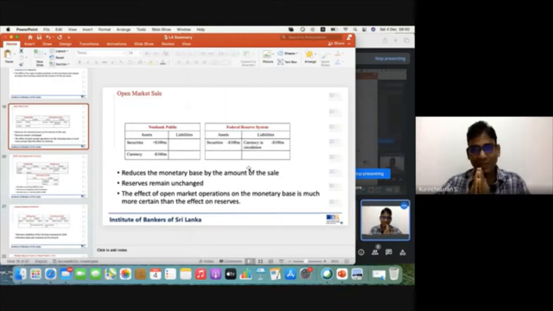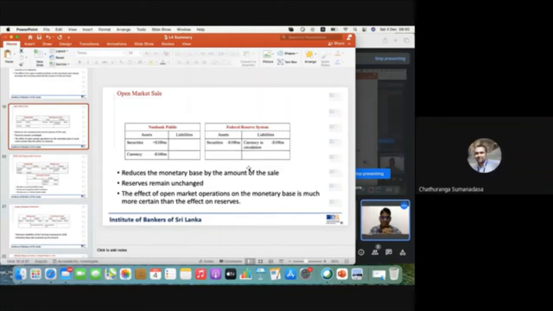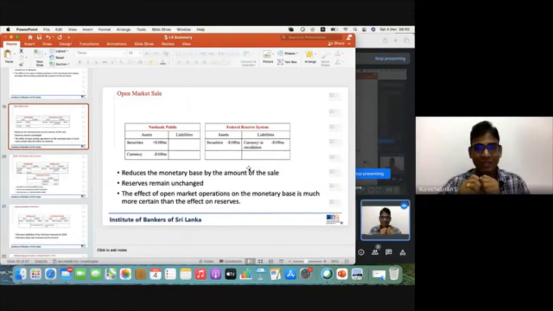Now, if you are a person, the non-bank public, when you get the currency, what is that for you, asset or liability? For us, it's an asset. If we get cash, of course, it's an asset. So then your currency or cash in hand will increase. That's a plus if it is an asset.